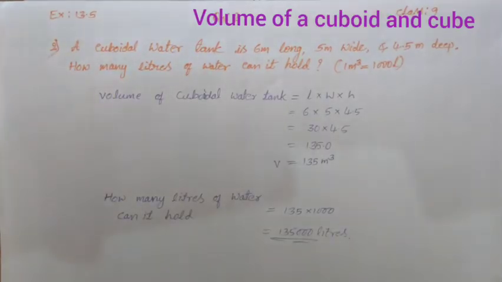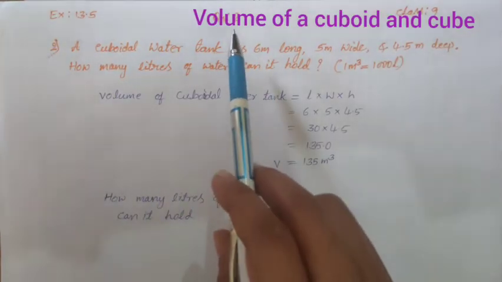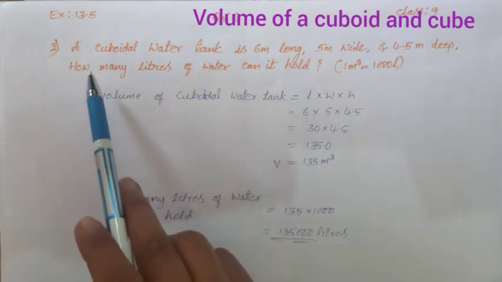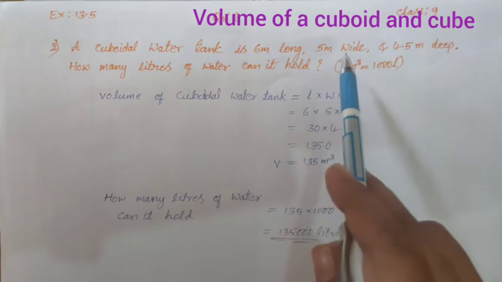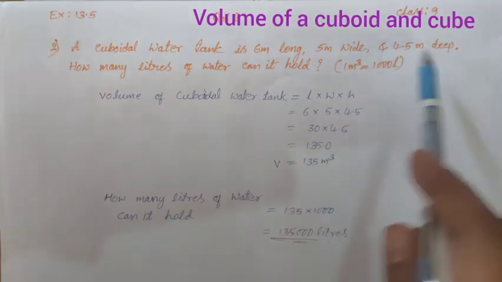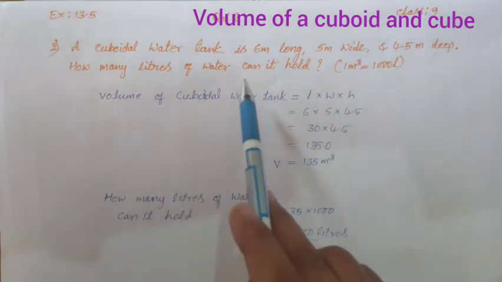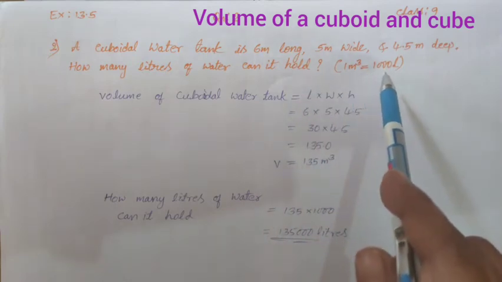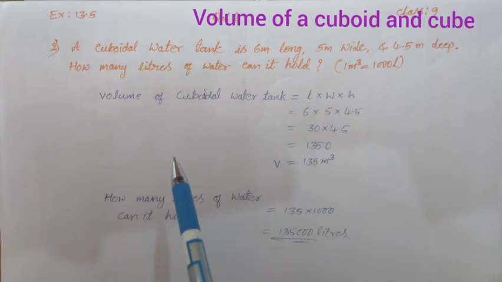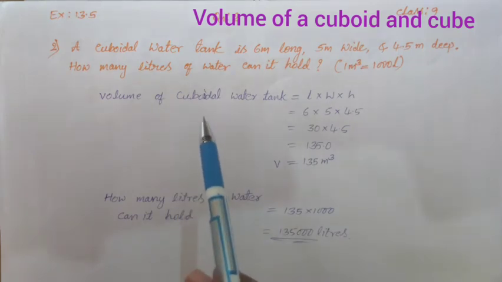Alright children, let us look at the second question. A cuboidal water tank is 6 meter long, 5 meter wide and 4.5 meter deep. How many liters of water can it hold? 1 meter cube is equal to 1000 liters. So what is given in this question?